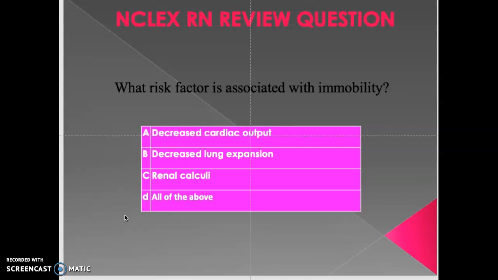A lot of times they may suffer from orthostatic hypotension, their blood pressure drops, because they're not moving around, they're not coughing, they're not deep breathing. They might have secretions pooling in the respiratory system, so they might have decreased lung expansion. They are also at higher risk for developing renal calculi, so that's why D is the correct answer.